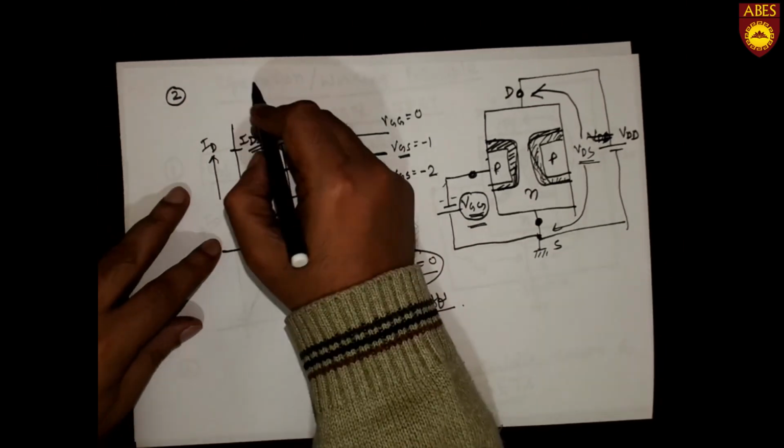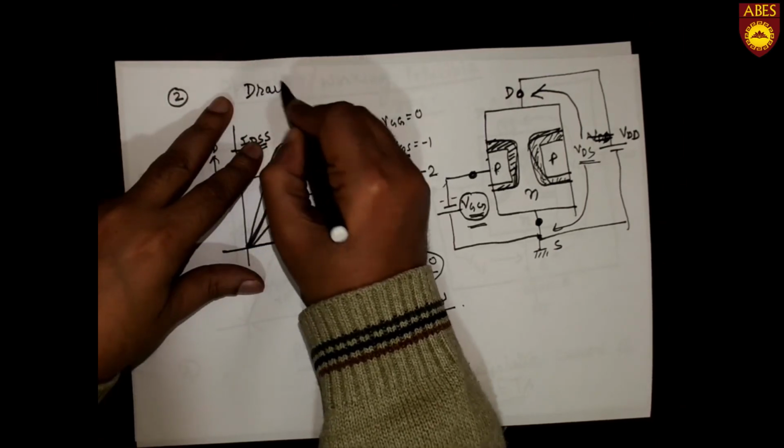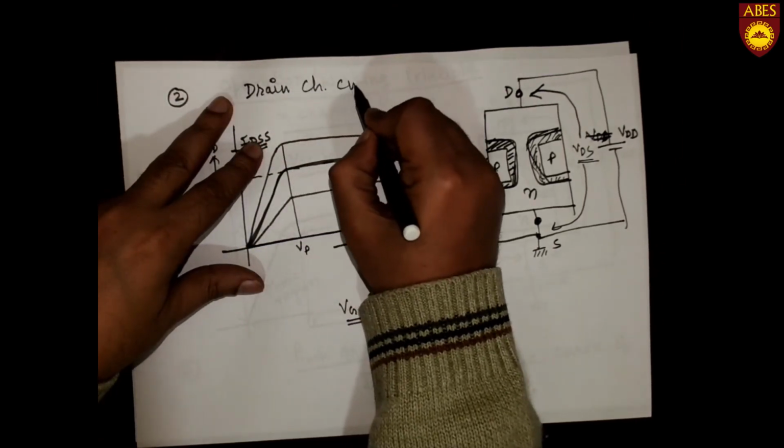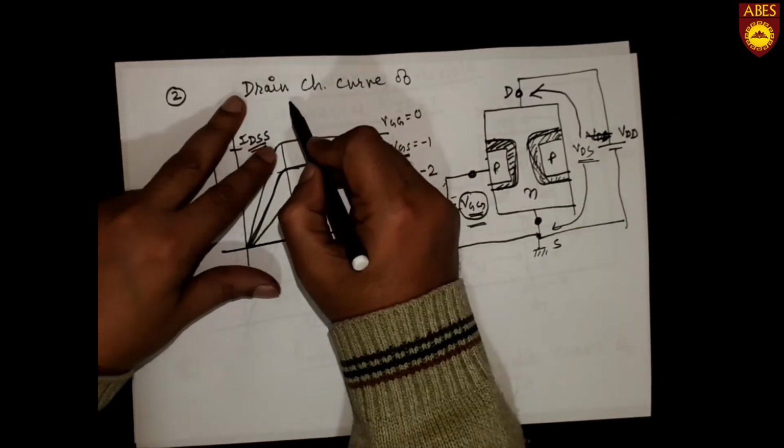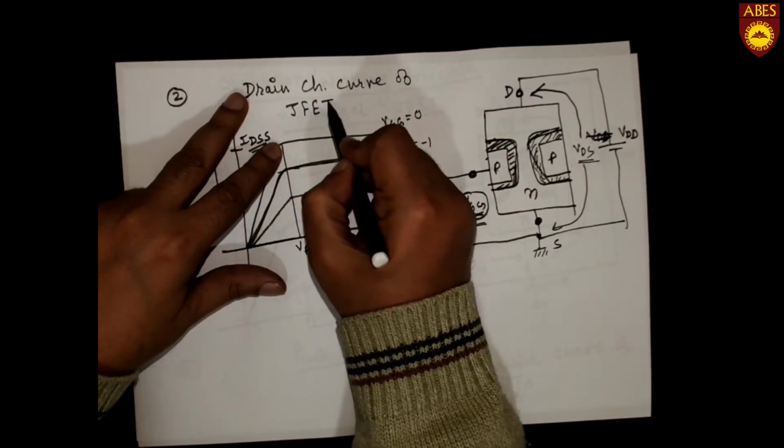So this is the drain characteristic curve of the n-channel JFET.